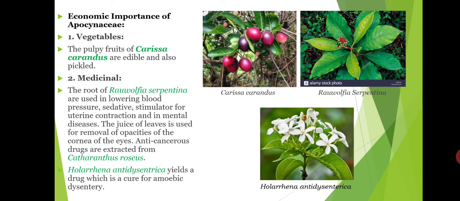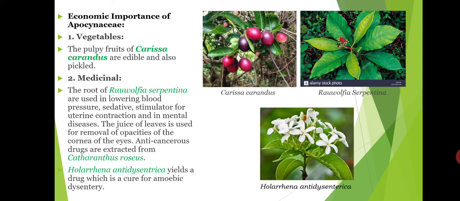First, some members are used as vegetables; the pulpy fruits of Carissa carandas are edible and also pickled. Okay. Medicinal property, already discussed about the Rauvolfia serpentina, which is used in lowering blood pressure, and it has so many medicinal properties.